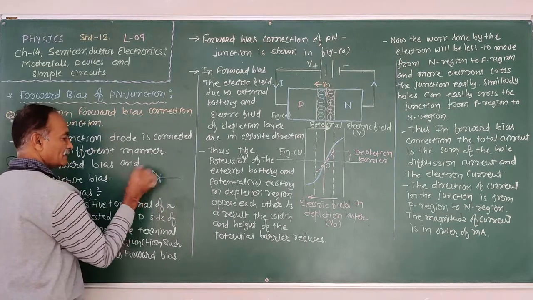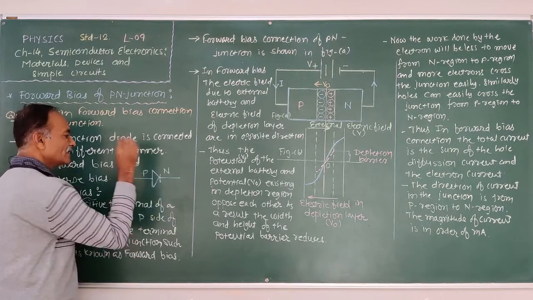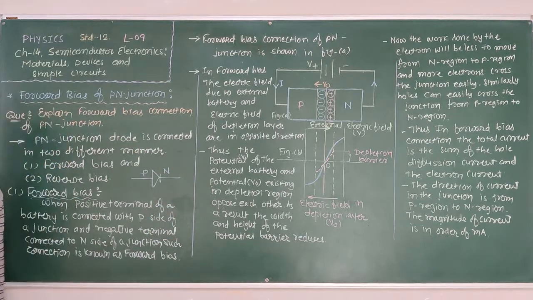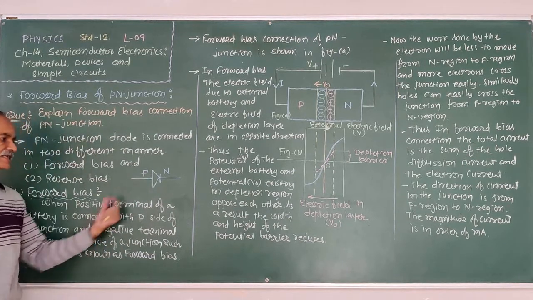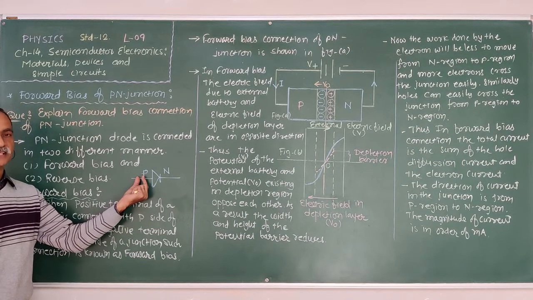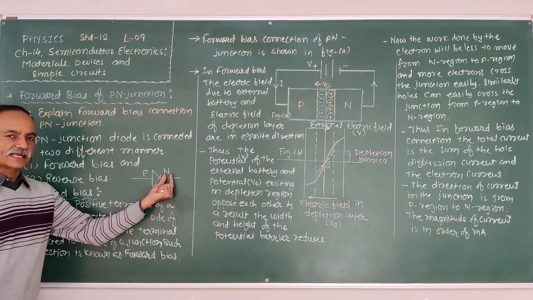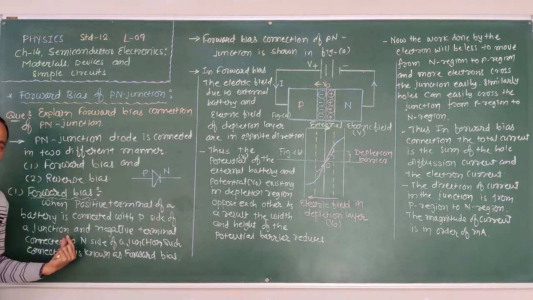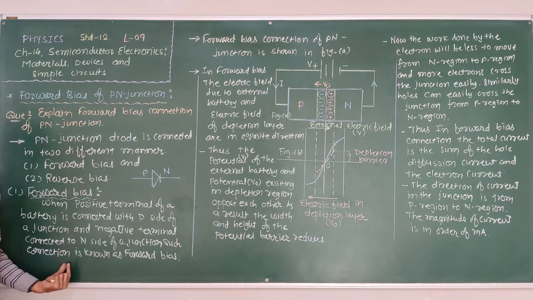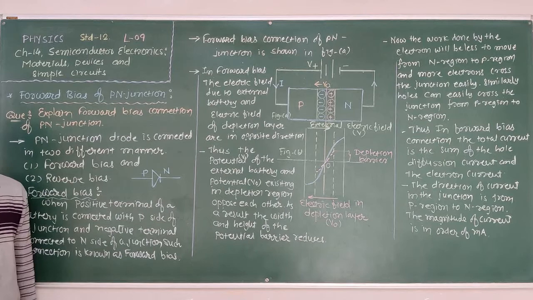There is the P-type semiconductor and the N-type semiconductor of the PN junction.